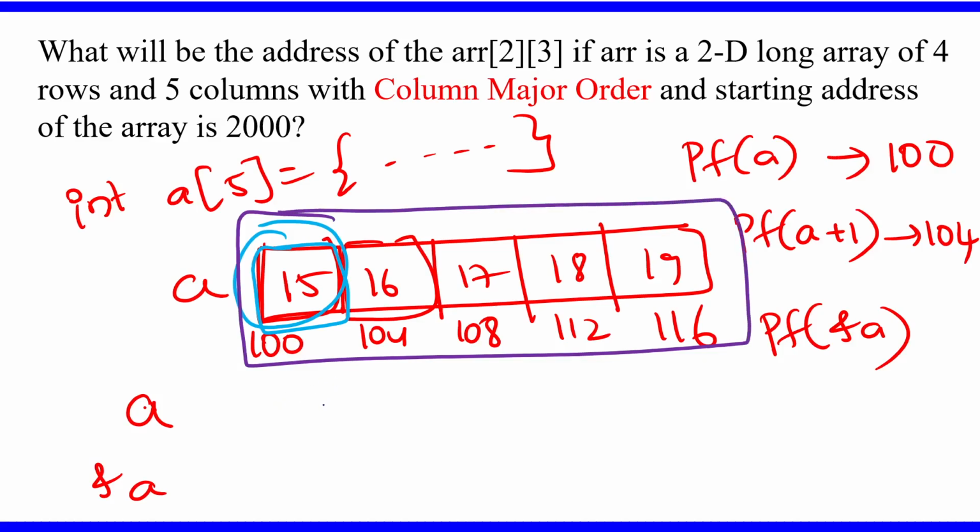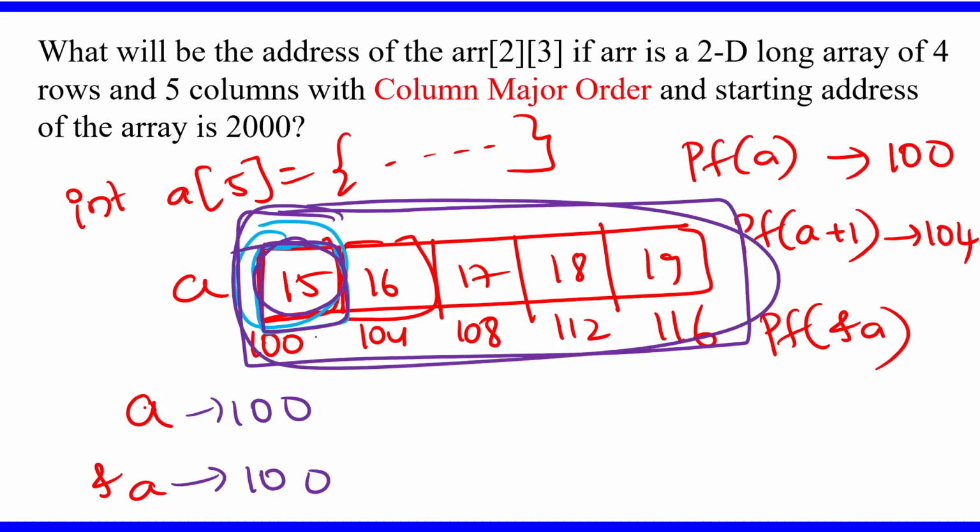That is the difference between a and ampersand a in arrays. A is pointing only to the small box, that is the address of the first block, that is 100. Ampersand a is pointing to the starting address of the entire memory allocation. Again, that is 100, but the meaning is different. Starting address of both is 100.